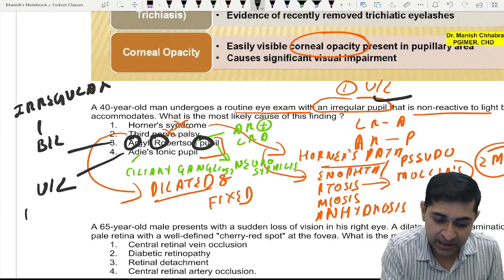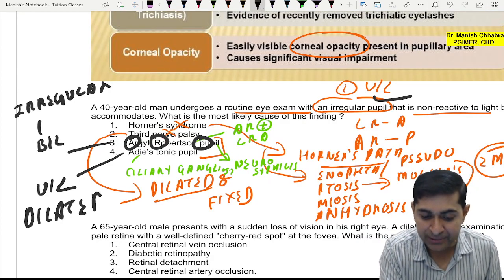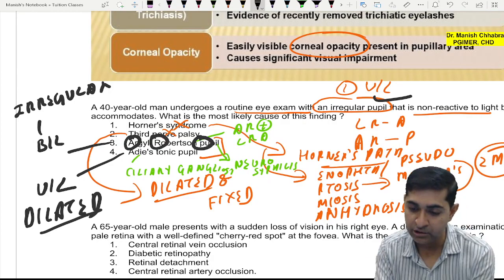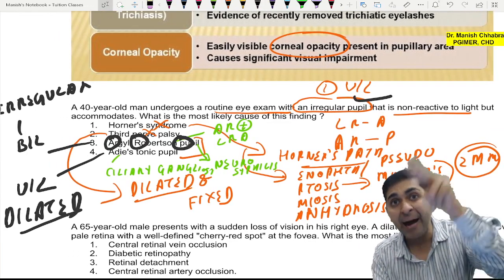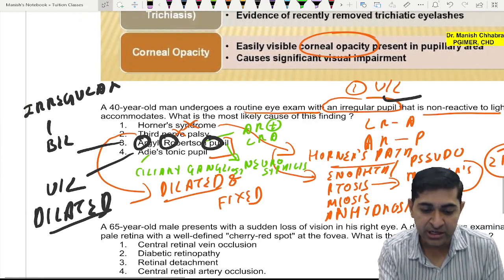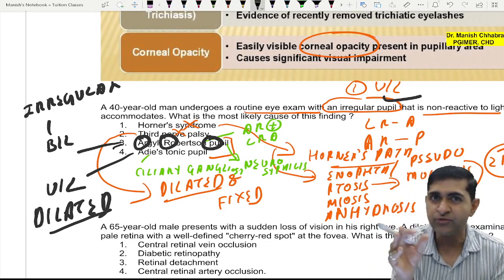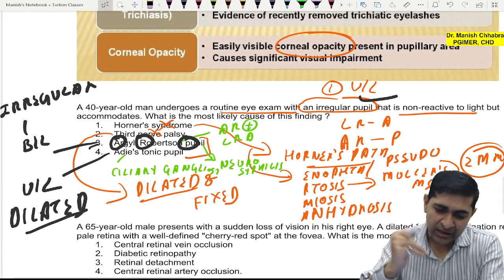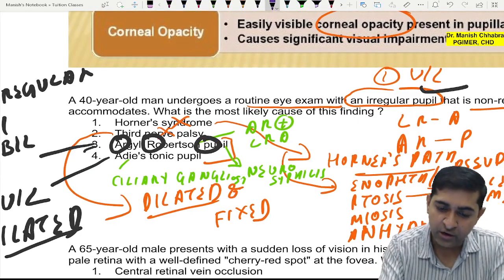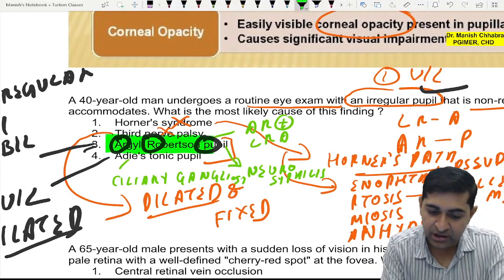But unilateral dilated pupil is normally seen in Adie's tonic pupil and bilateral constricted pupil is seen in Argyll-Robertson pupil. But based on the history, if you connect the dots, the answer goes more in favor of Argyll-Robertson pupil.